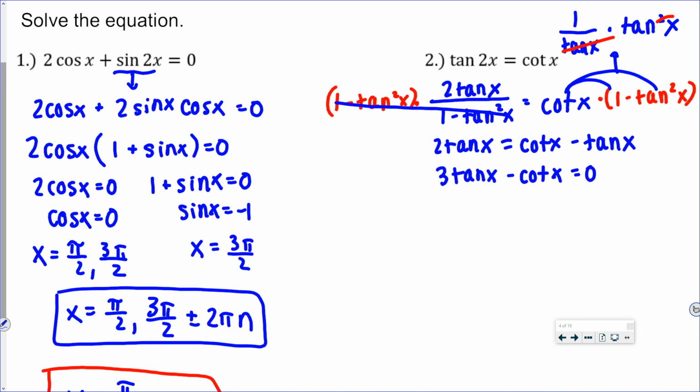So then from here, I did common denominators. I know cotangent of x is 1 over tangent, so I took this one and made common denominators.